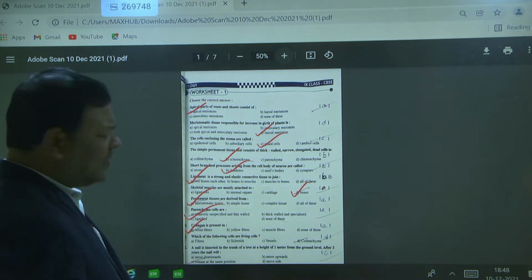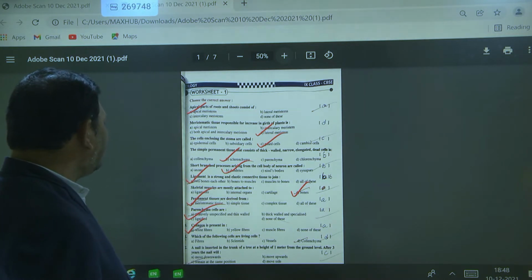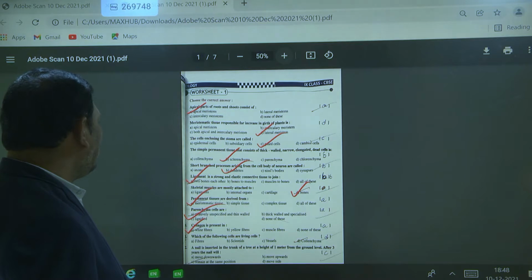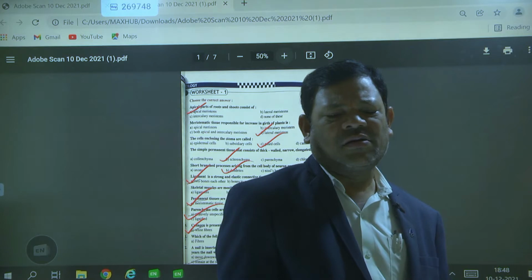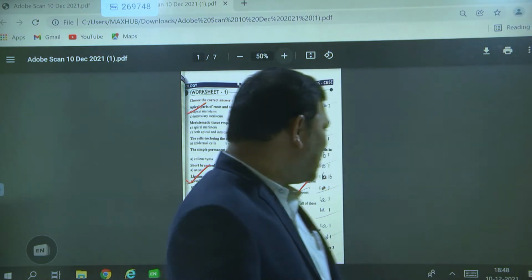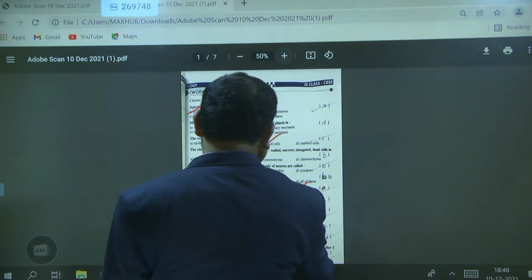White fiber. Which of the following cells are living cells? Fiber, sclereids, vessels, parenchyma. Parenchyma is the correct option.